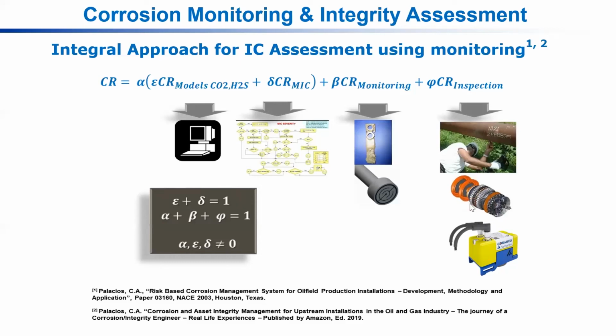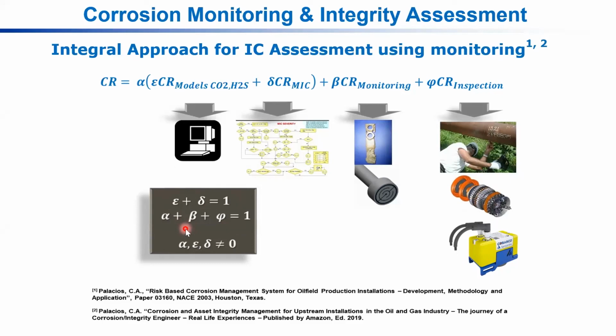And basically, as I mentioned, all these alpha, beta, and gamma are weighting factors. And the trick is defining them. The way you define them is by listening and by the experience that you get from your monitoring, inspection, and modeling.